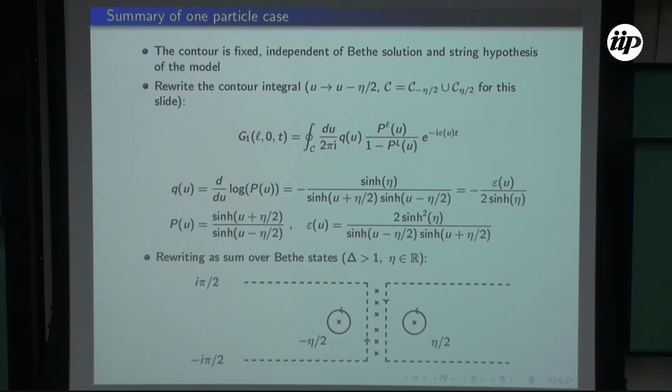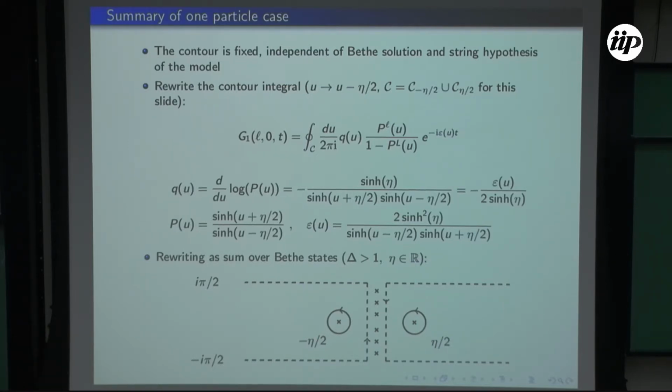So it's very simple, but maybe it's worth looking at the pole structure a bit, because we can still draw it in 2D. So you have the contours going around these two points, -η/2 and η/2. So they are little contours. They should have different radius, but well, here they don't.